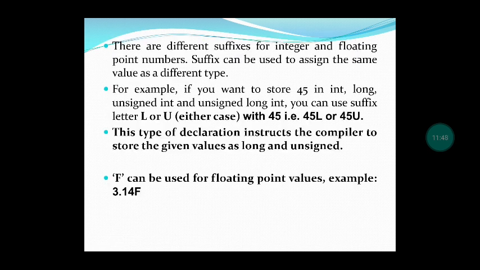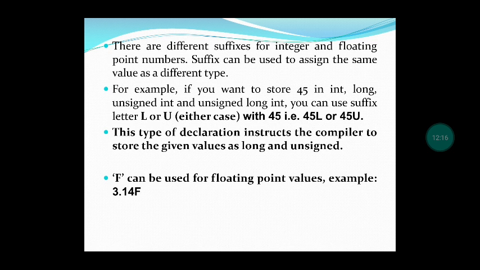Next, integer and floating point numbers can be suffixed with alphabets. That is, long integer can be represented by capital L, and unsigned can be represented as U. For example, 45L means it is a long integer and 45U means it is an unsigned integer.